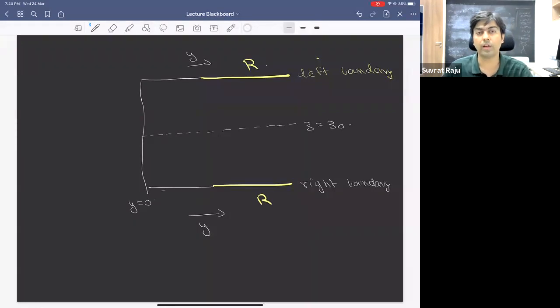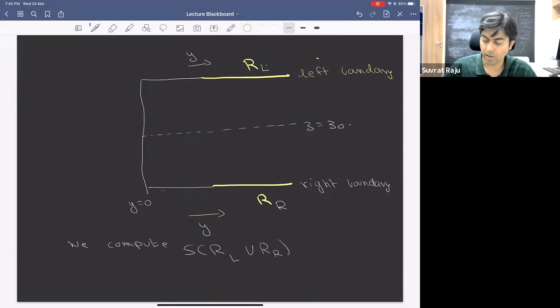So we want to compute the entropy of these segments, and we want to ask, how does the entropy of these segments vary as you push both segments forward in time? Okay. So we compute S of R, let me call this R_L and R_R.